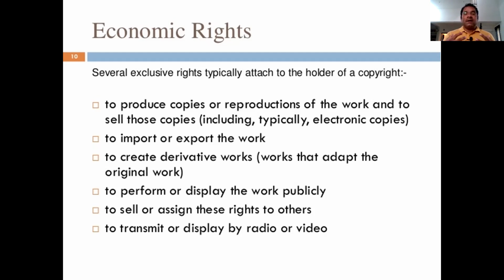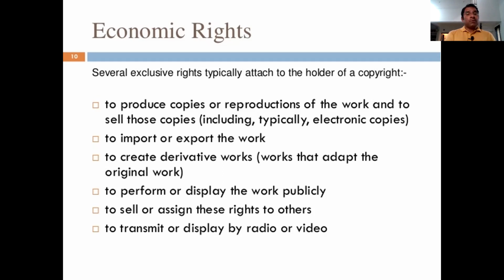Whatever labor, skill, time and money I have spent to write that book, all those things have to be protected. So a copyright is given to me so that I can use all those rights exclusively without anybody's disturbance. That is the first right available to me.